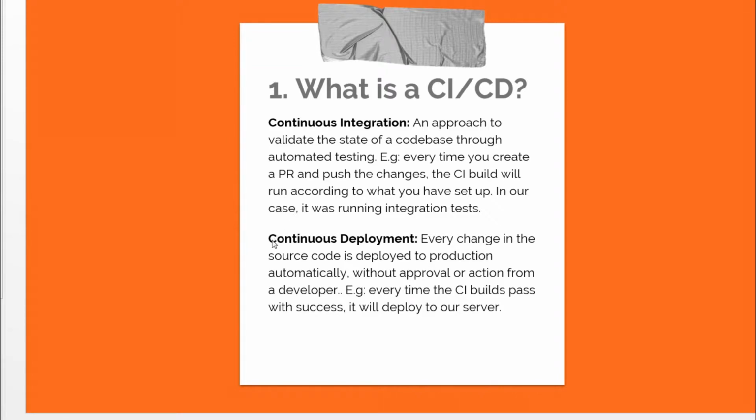We don't have an example like we have in integration because our CD is not implemented yet. But that's pretty much it. Every time source code is deployed to a repository, it's going to be pushed to Azure DevOps, for example.